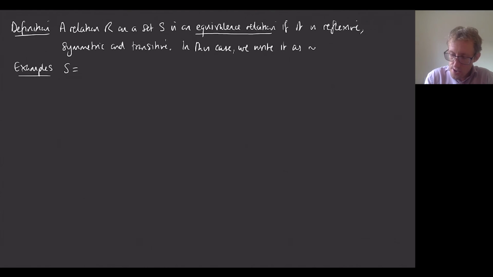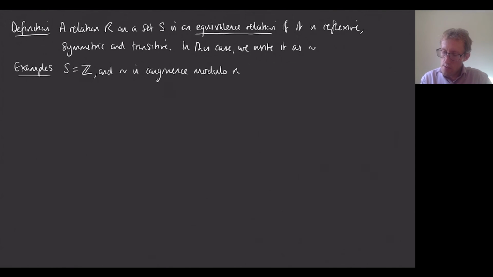So if S is the set of integers and the equivalence relation is congruence modulo n, that is an example, and actually this one is special enough to have a different notation again.